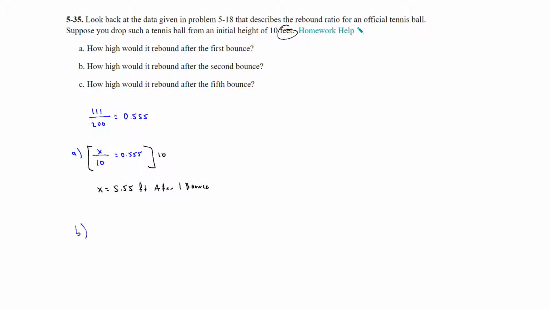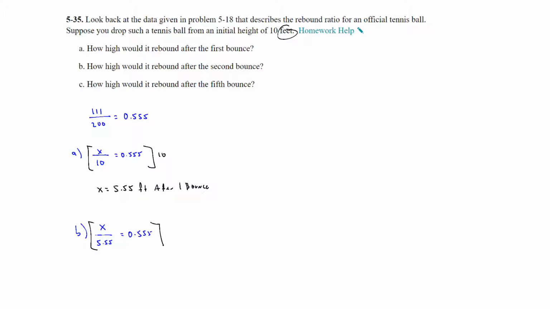And then on B, it wants to know after the second bounce. So now we have a new height of 5.55, so x divided by the new height, 5.55, is equal to this ratio of 0.55.